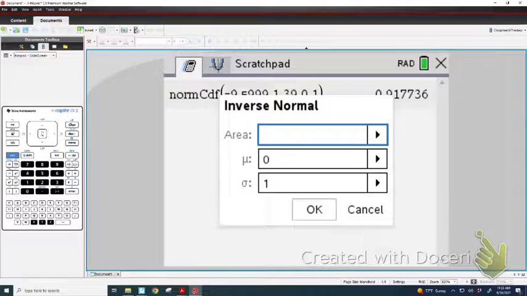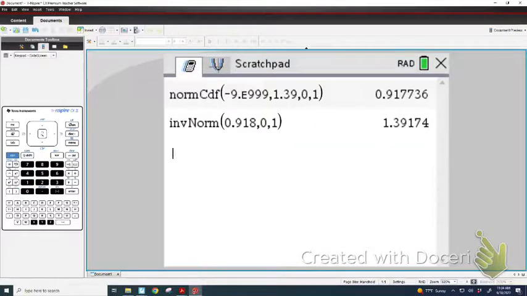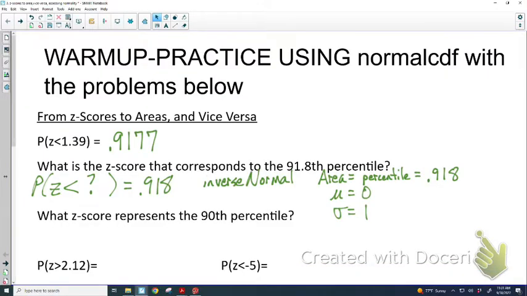Area, 0.918, and leave mu and sigma alone. And we get Z, 1.39 or 1.3917. Feel free to be more precise. You can write 17 if you want. Typically with z-scores, though, I stop at the hundredths place.